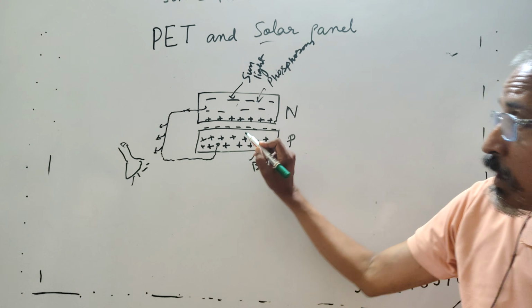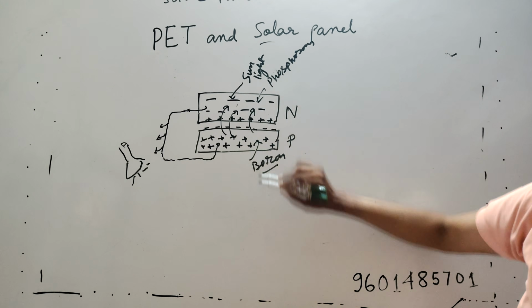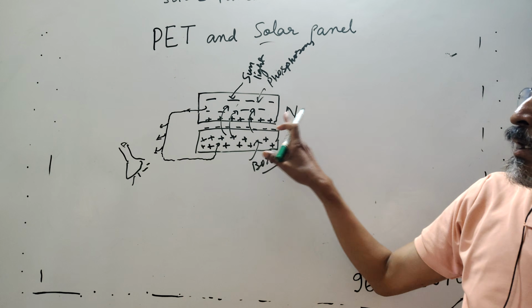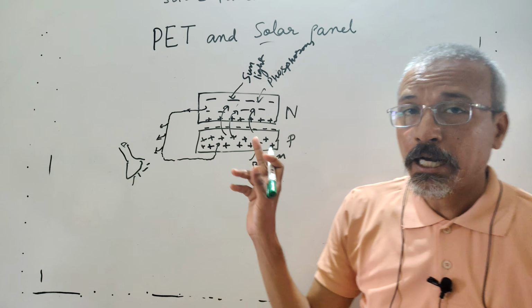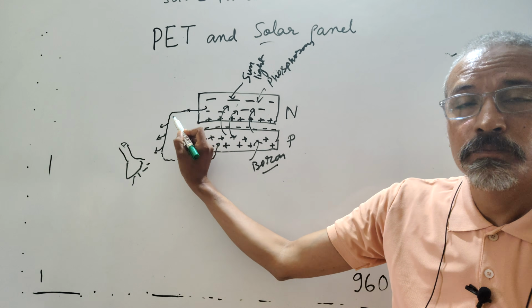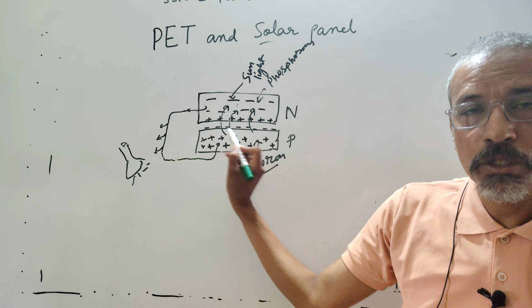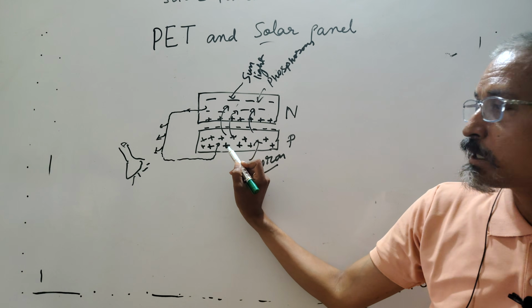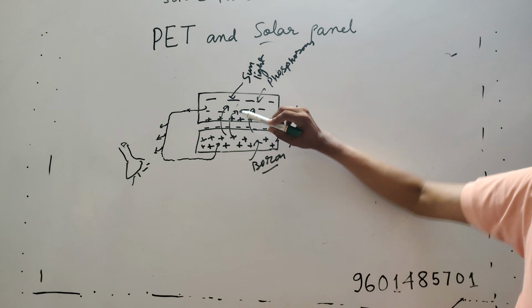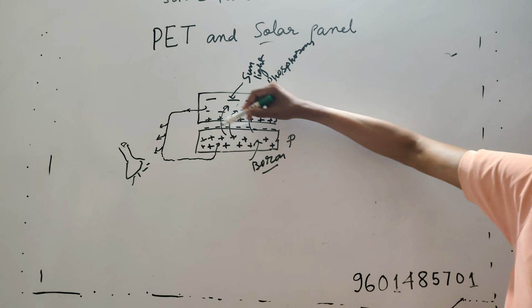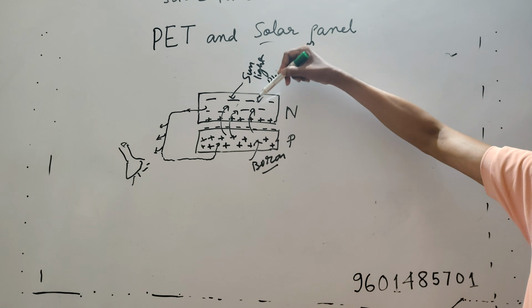So these electrons will jump to the n side. So the n side, which had been deficient in electrons because the electrons had come out of this n type, that deficiency is removed by the jumping of these coming electrons from the p type to n type.